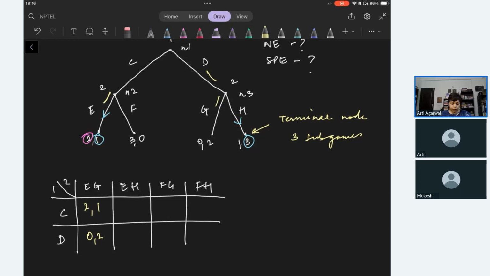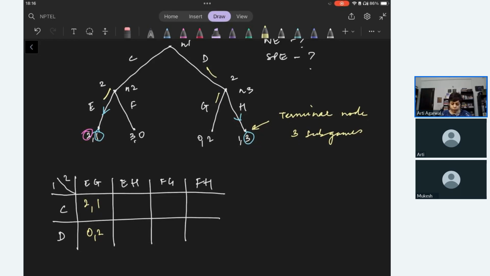Okay. Similarly, now let's go to the next strategy, EH. I'm just marking it temporarily for explanation purposes, just so we know which part of the subgame we are in.